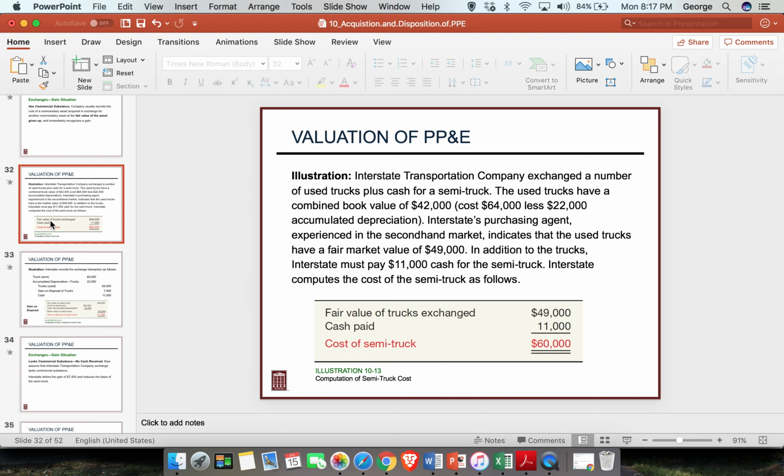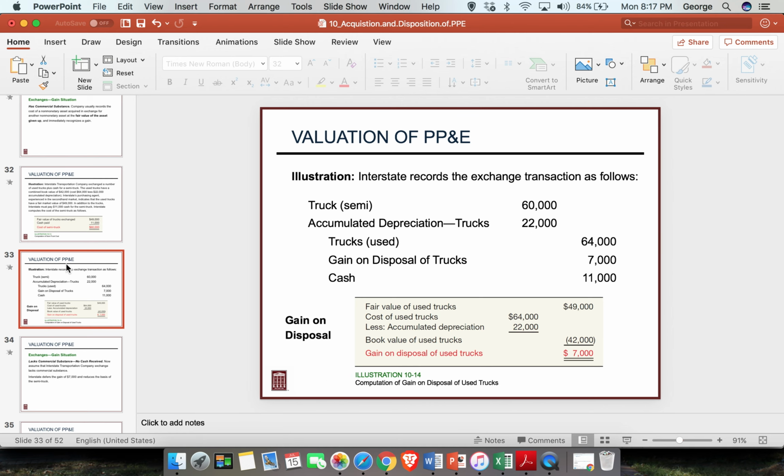Interstate computes the cost of the semi-truck as follows. The fair value of the trucks exchanged is $49,000, and then cash paid is $11,000, so $60,000 is the cost of my semi-truck. Here's the transaction.